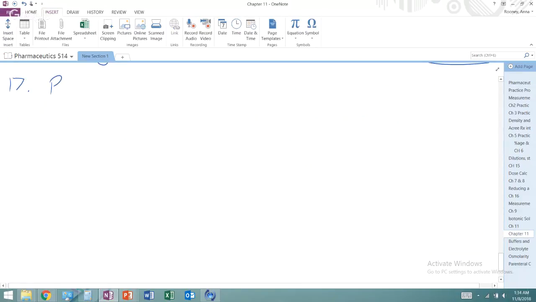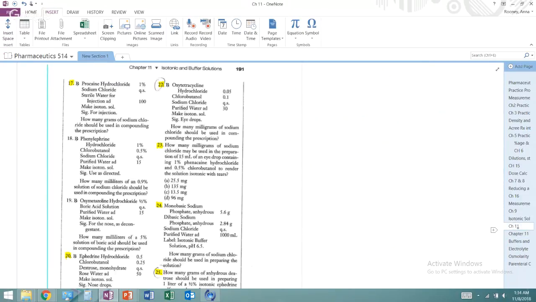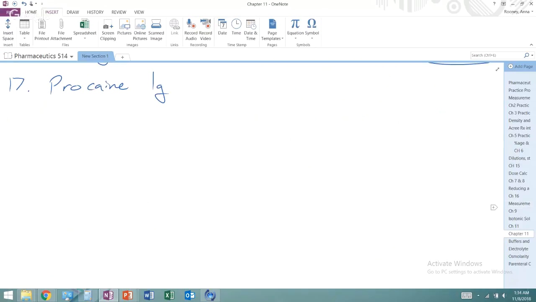So we have procaine. We have 1 gram, because it's in 100. So it's 1 over 100 times 100. So you find that that's 1. And then you take its E value.